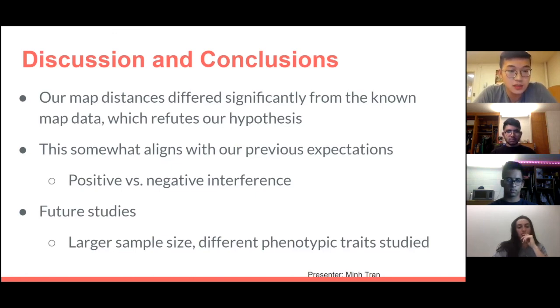For example, our sample size was relatively small, probably several orders of magnitude off the ideal, which allows for a higher probability for unexpected results to arise. Additionally, error in correctly identifying Drosophila phenotypes, although marginal if at all, may have occurred. So future experiments may achieve more expected results by remedying these errors.